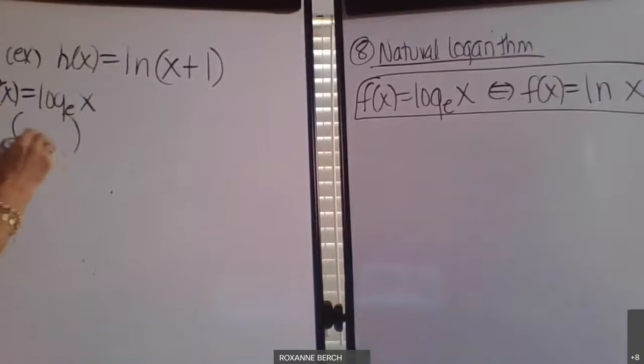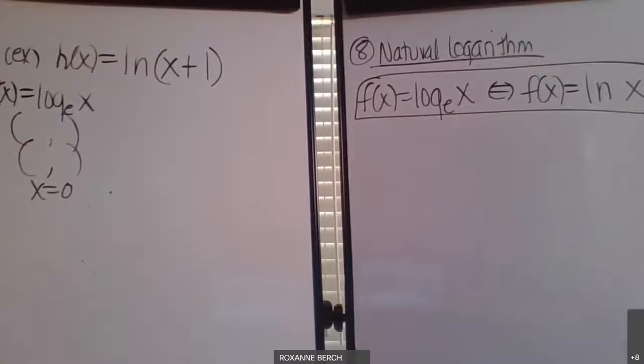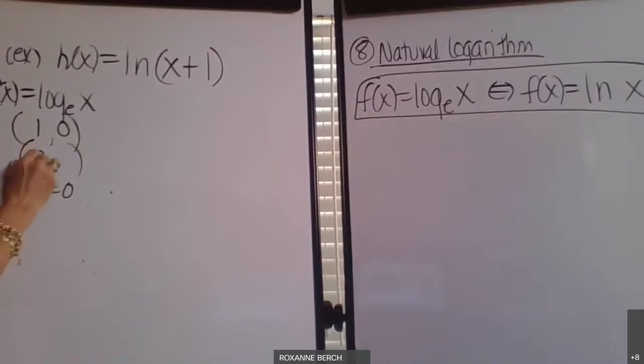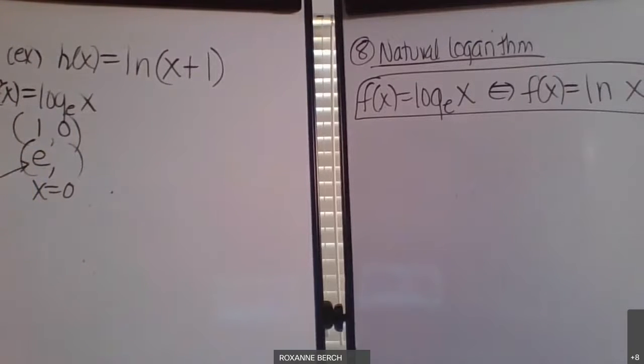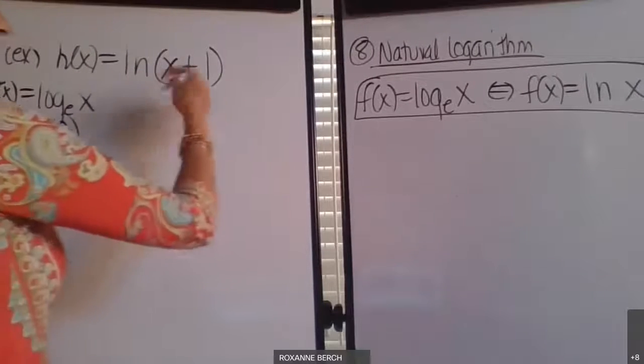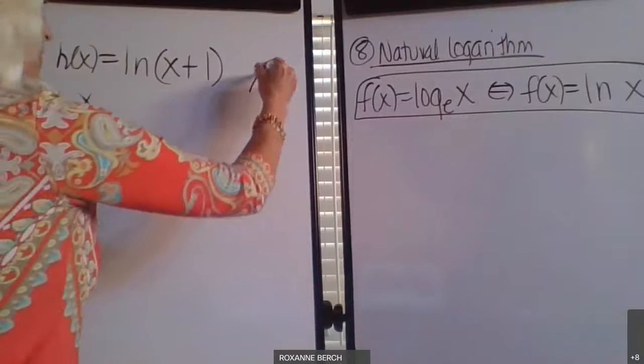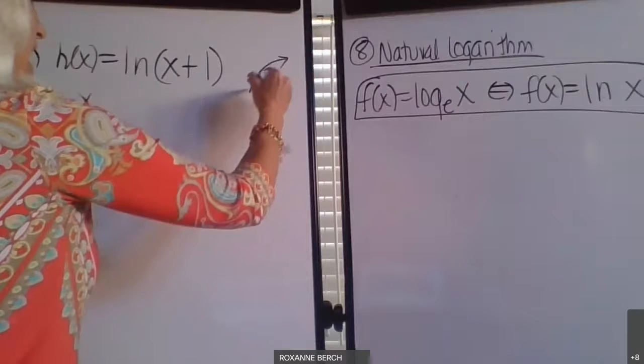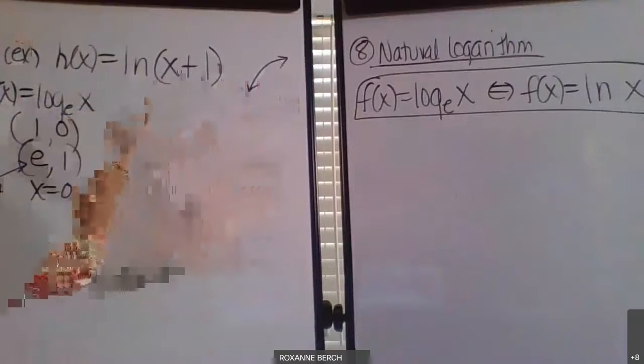So what points are you going to pick? Go ahead, Mercy. 1. So log base e of 1 is 0. And now what are you going to pick? E. Exactly, because e is 2.7, right? So log base e of e to the 1 is 1. That is correct.